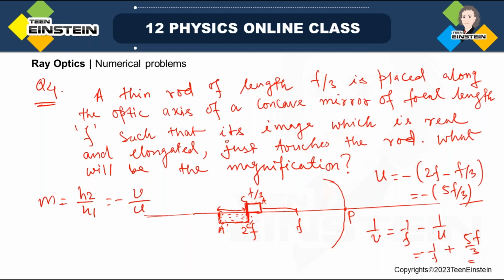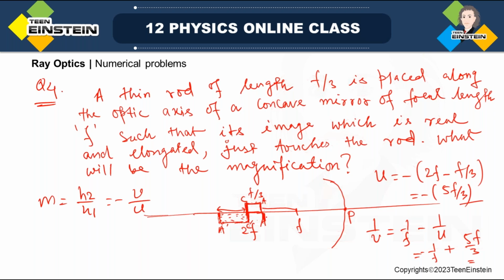So this is why we have to take, see the image position, the position of this particular point A. This is the object distance I have taken. Object distance is the A point. See, that is actually at 2F minus F by 3. This is the length of the object.